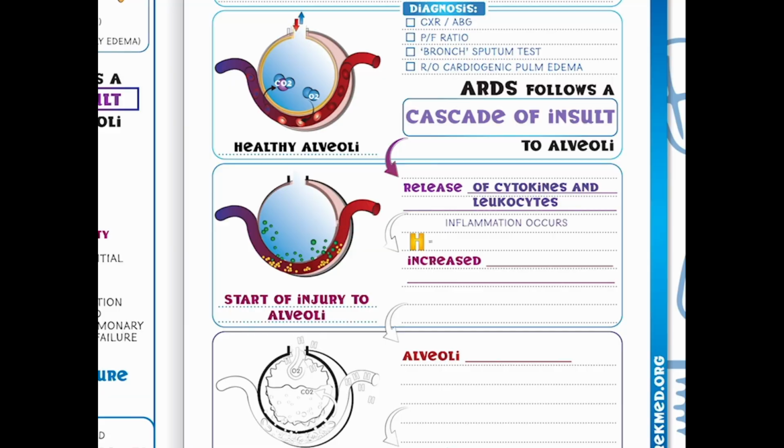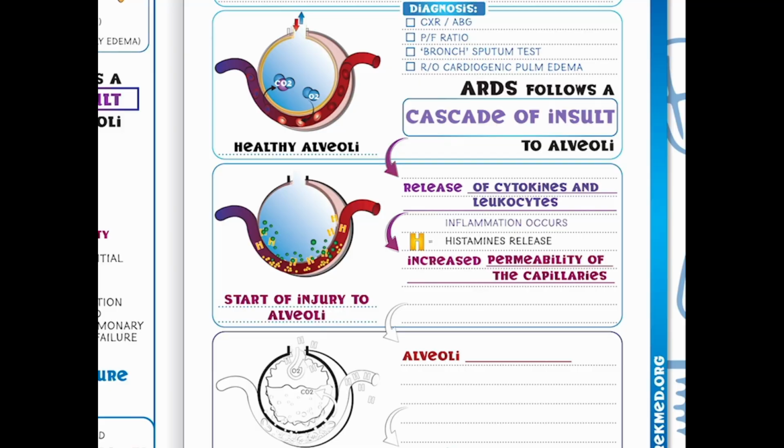So this is going to cause a bunch of inflammation, and our histamines are going to release. These histamines also have good intentions, but they actually create more inflammation and fluid leakage inside our alveoli because of this extreme response. So we're going to see an increase in the permeability of the capillaries.